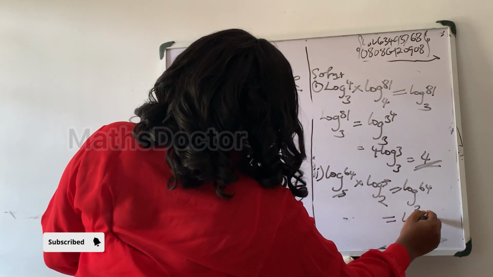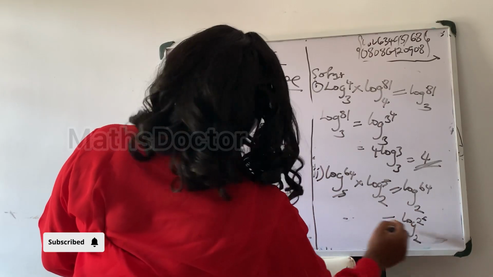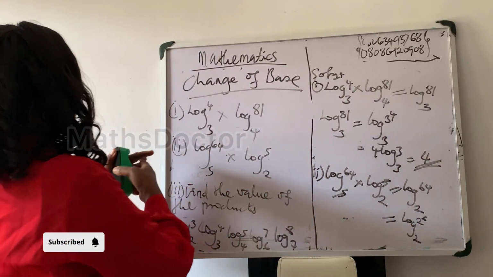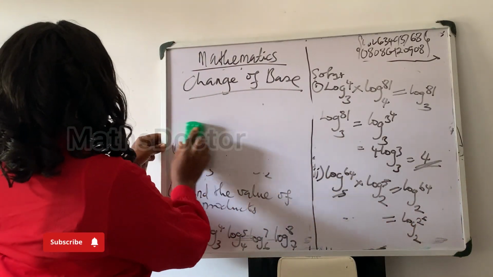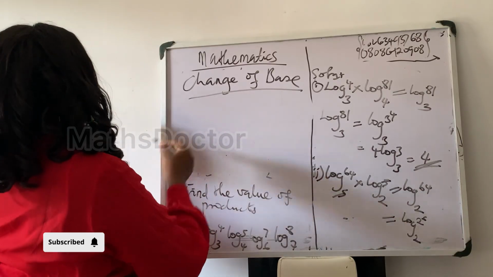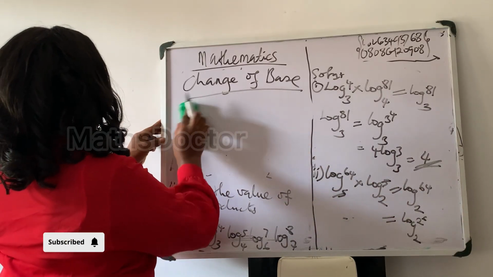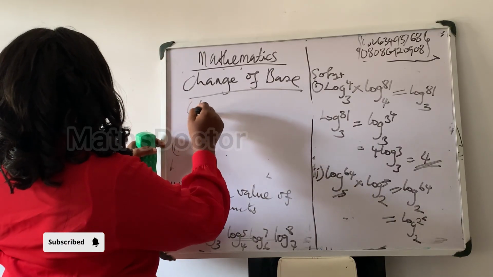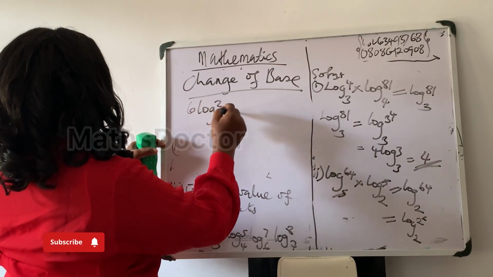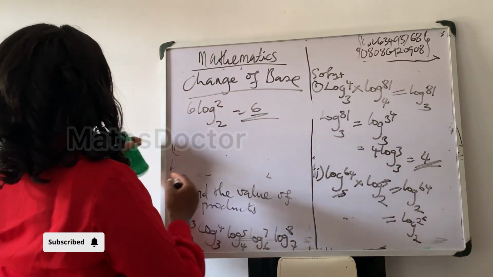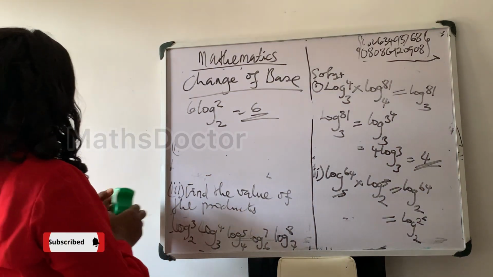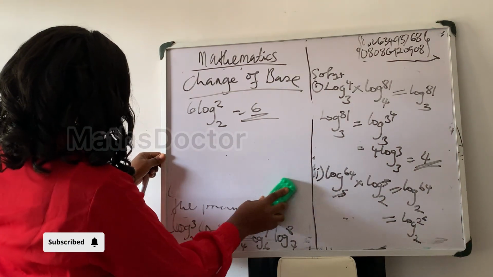So it becomes 2 raised to the power 6 to base 2, which is 6 log 2 to base 2. The answer is 6.